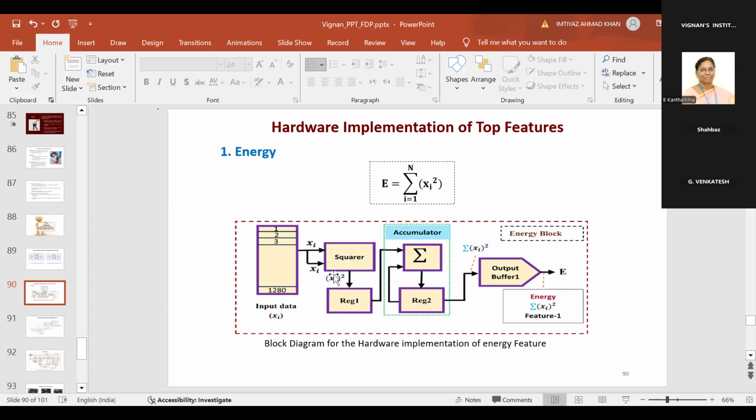You square these values. In MATLAB or Python it is easy, but in Verilog you first square the value, then store it in a register. After storing, you accumulate everything that has been stored, so you need two registers. After that, there is an output buffer that stores all the values of the data.